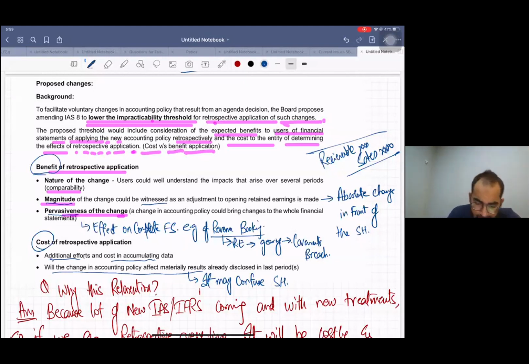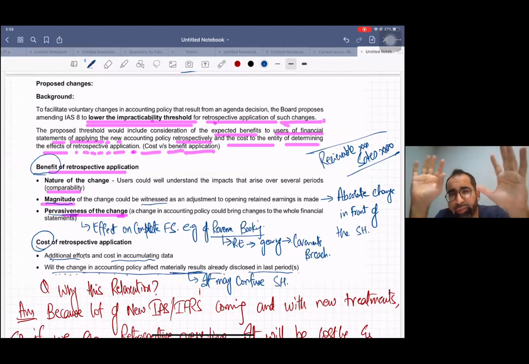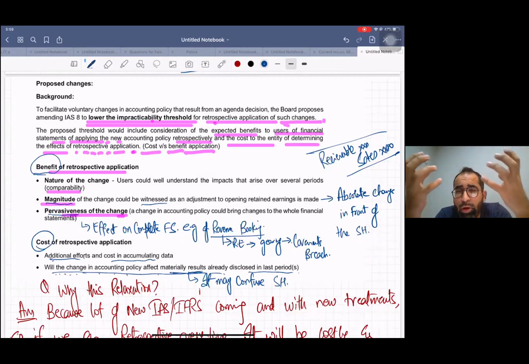Will the change in accounting policy materially change results already disclosed in the last periods? Now this is a question, and just think over it. Will that retrospective change actually benefit the shareholder, or will it confuse the shareholders?